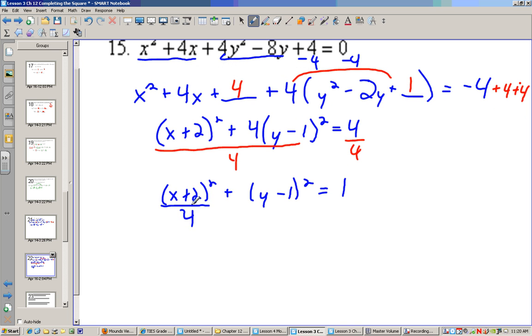And now our last step is to put this 4 into the parentheses. So it's kind of like we have to take the square root of it, in order to have this equivalent to that. And this is our equation in standard form.